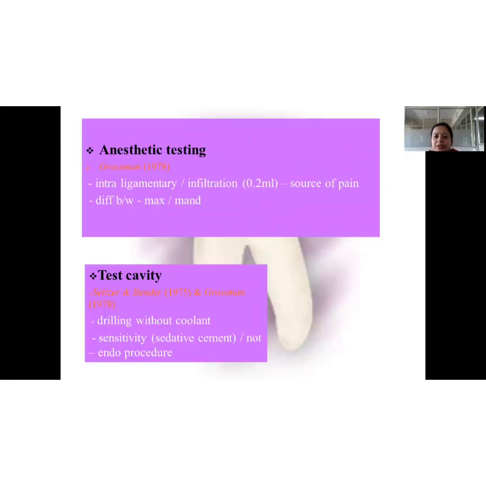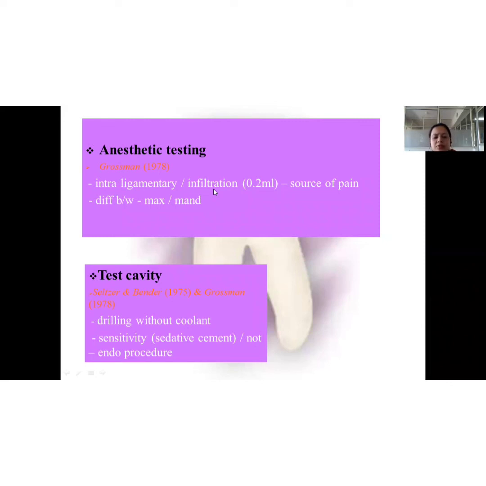Now, anesthetic testing. Basically, we test to find the source of pain. If the patient is not able to specify where the pain is occurring, we can give intraligamentary or infiltration anesthesia in the area where we see a pathology. Then we ask the patient if the pain is still persistent or not.